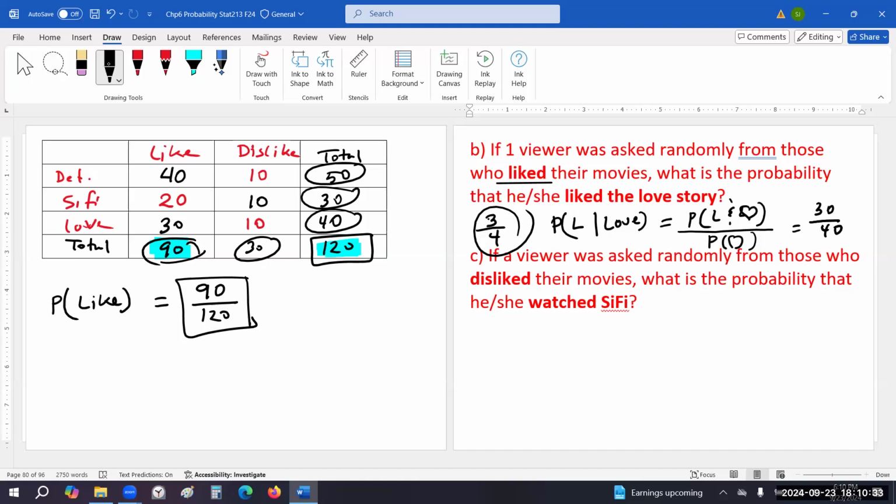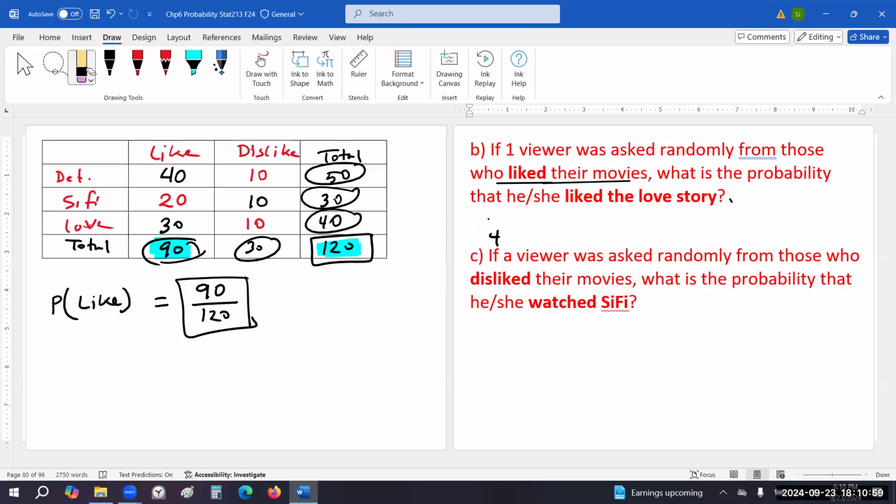What is the probability that whoever they picked who liked the movies, from them, what's the probability that they like the love story? Other way around. So probability that they liked love, given that they liked the movie they watched.